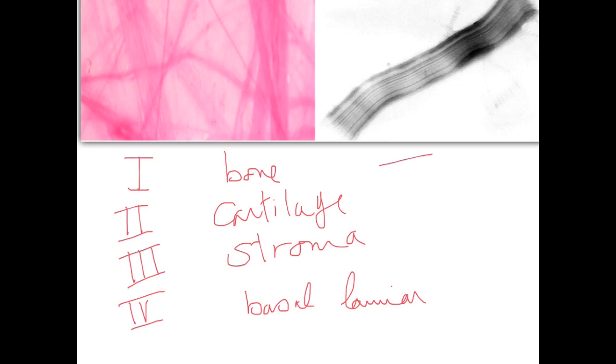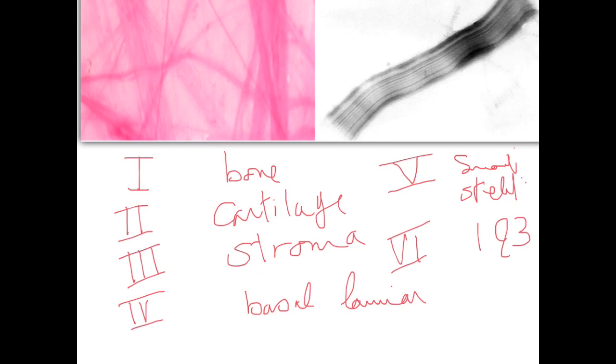Type 5 is present with the external lamina associated with the smooth and the skeletal muscle. Type 6 is in association with type 1 and 3. Type 7 here is fixing the epidermis of the skin to the dermis of the skin. It is in this area forming anchoring fibrils in the dermal-epidermal junction.